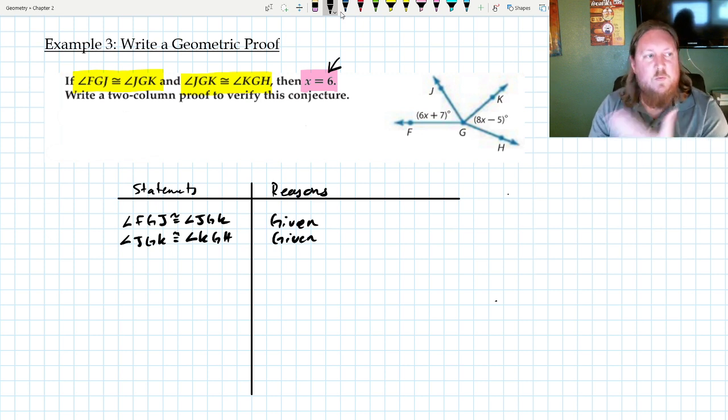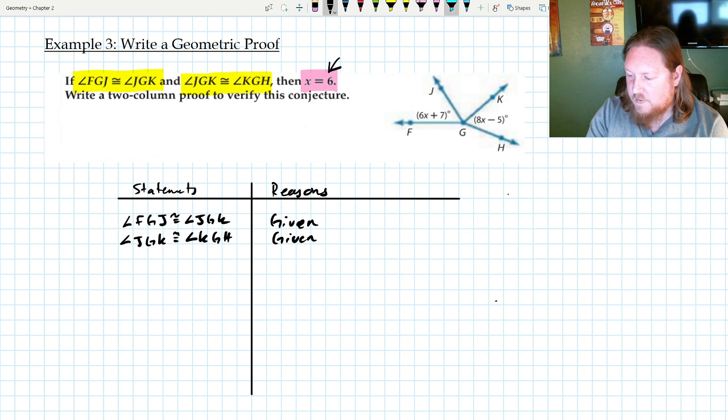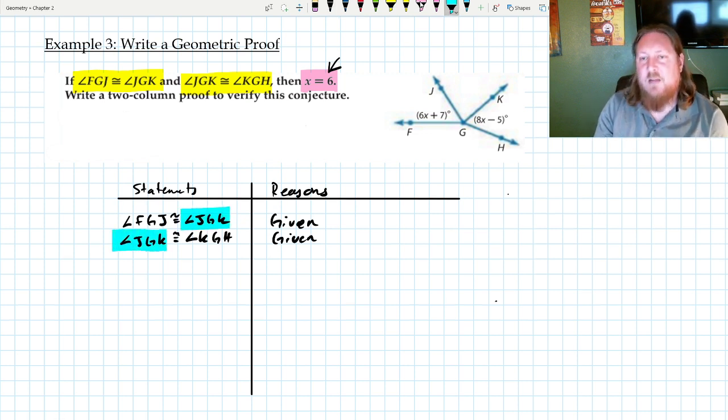Now, before we switch to any sort of algebra, what I'd like to do is see if there is any sort of relationship that I can use to simplify the geometry that I know. And if you take a close look here, JGK exists in both of these congruence relationships.